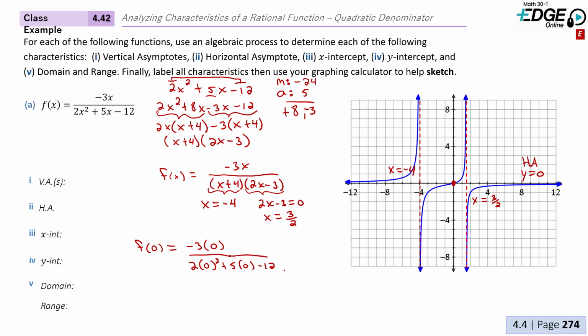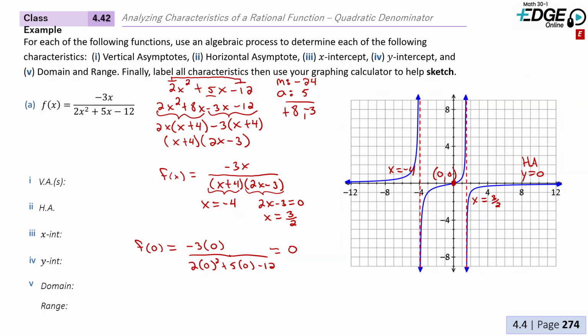Well, none of that stuff in the denominator mattered because in the numerator it was 0. So everything became 0, which also makes sense, where a y-intercept would also be at 0. That's why we're going through the origin there. So that's going to be at 0. So we'll have our point labeled 0, 0 for the x-intercept and the y-intercept.